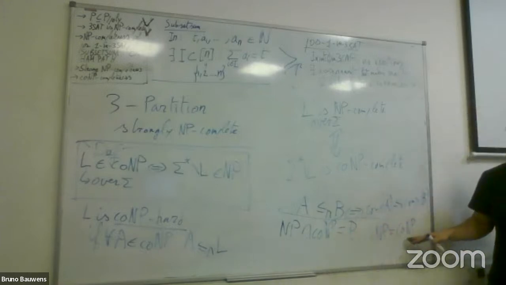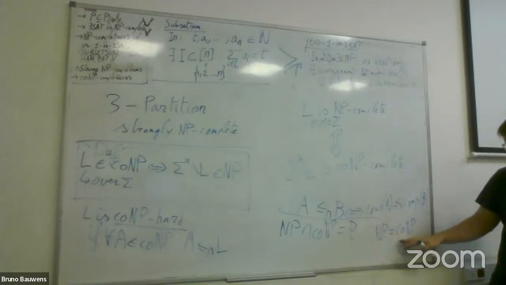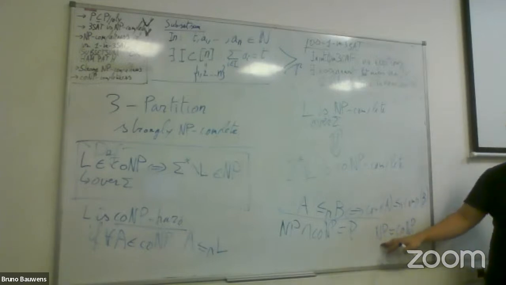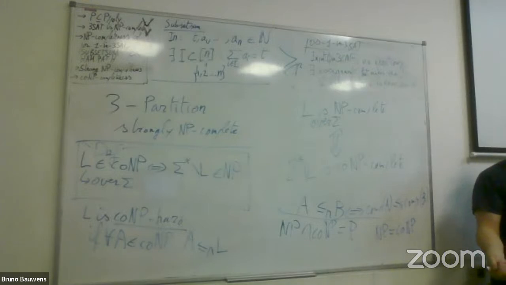Most people think the answer in both cases is no. This is also an incredibly hard problem. Because what does it mean? That if the answer is no for a problem in NP, we can also give a certificate for it. So this is a huge open question.